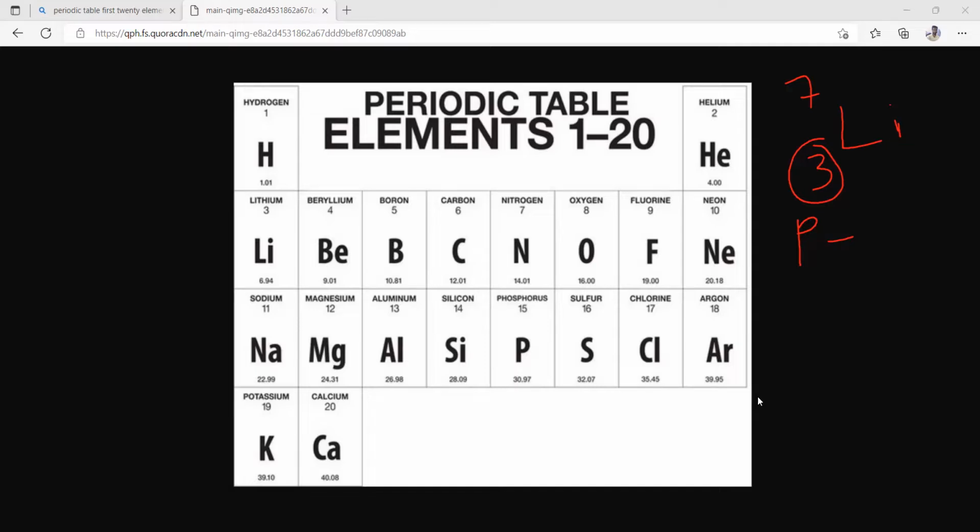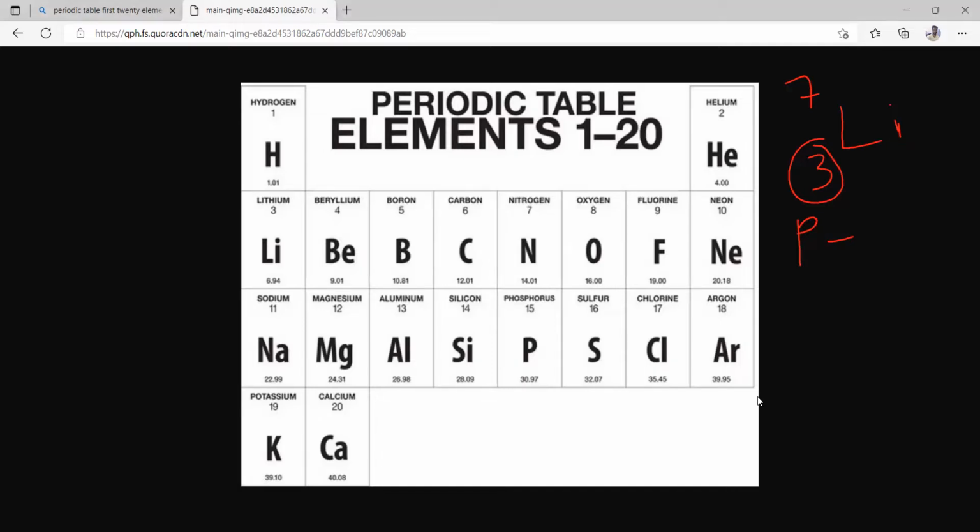Okay. So I put 3 here. What is the charge of the protons? The protons are charged positive. The electrons are charged negative.